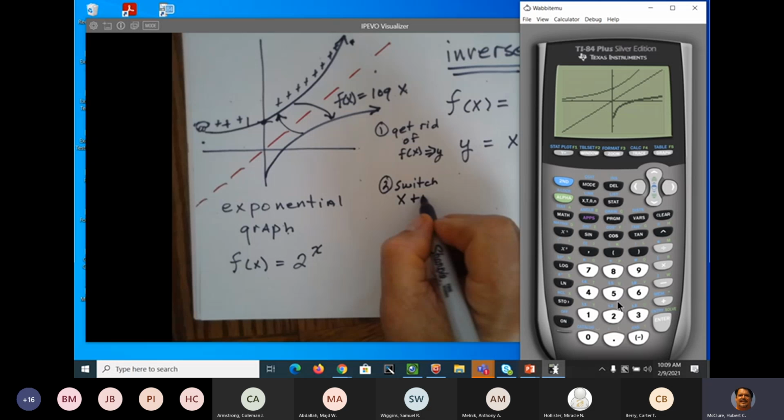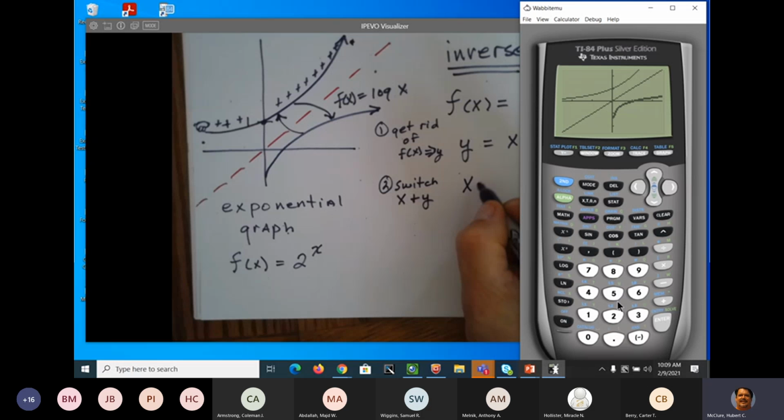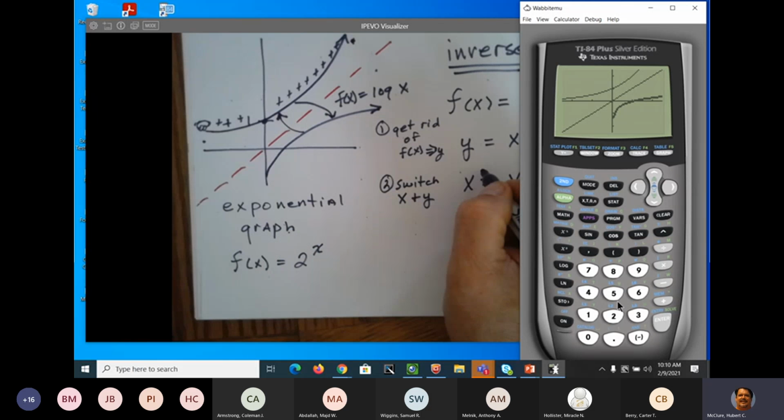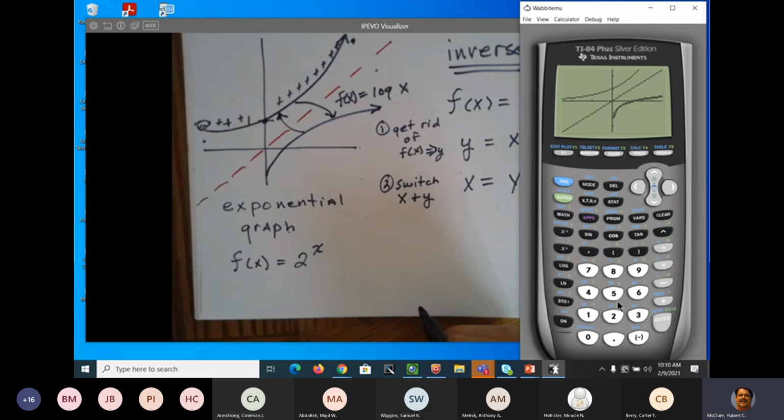So x is equal to what? Y plus 2. I should have used a square. Let's go with x squared. Okay? And that's an x squared. And this is going to be y squared. There we go. And now solve for y.